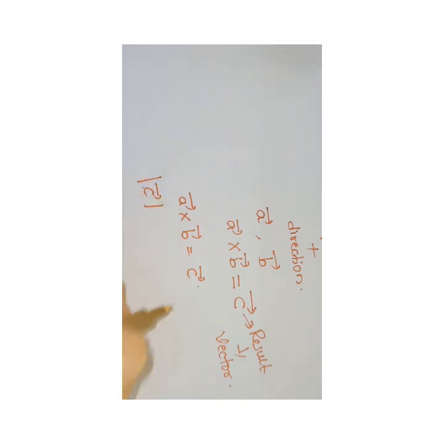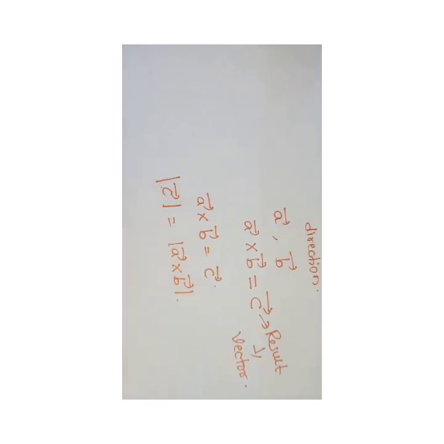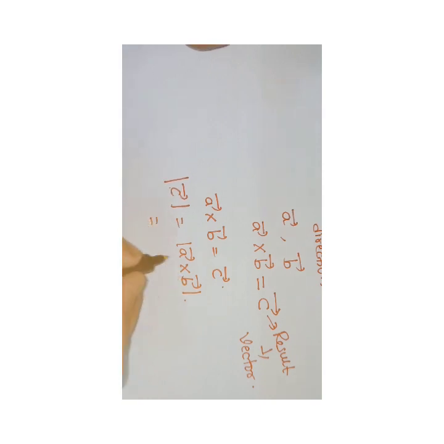Its value is equal to mod of vector A cross mod of vector B, which is equal to mod of vector A into mod of vector B into sine theta. So this is the value of C. What is theta? Theta is the angle between vector A and vector B.